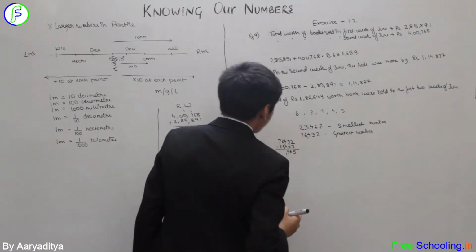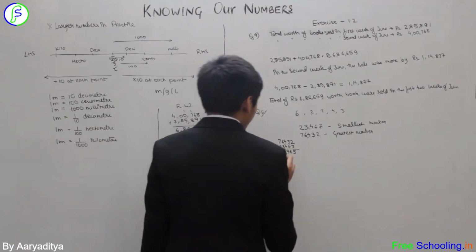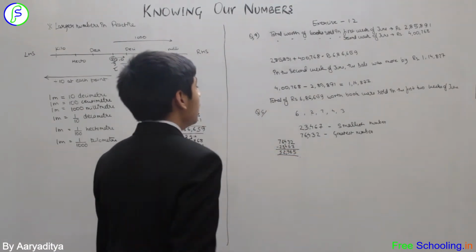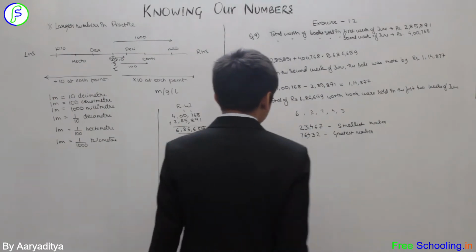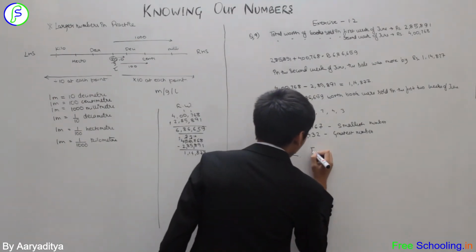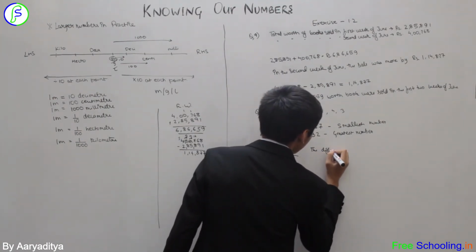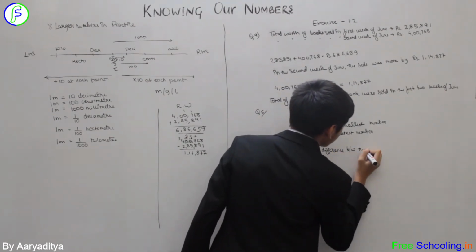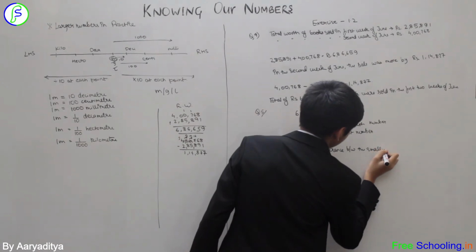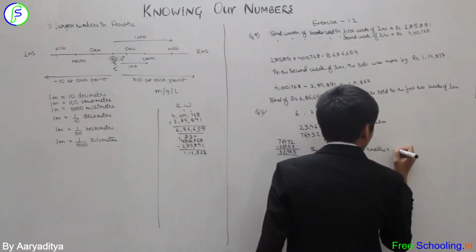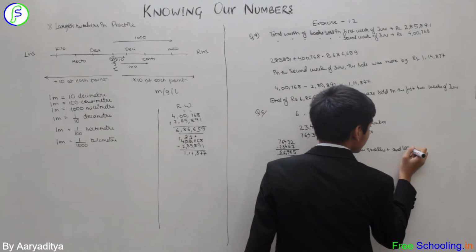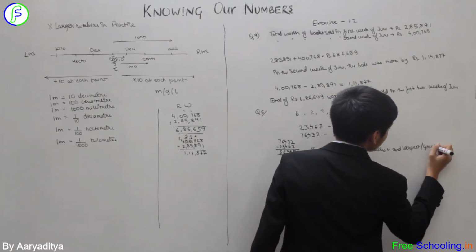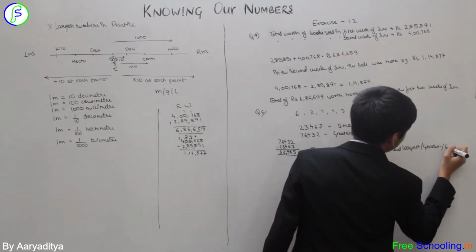Inserting a comma right here. Okay, so it becomes 5. 5 minus 3, we get 2. And at last we have this. So the difference between the smallest and largest, or you can say greatest or biggest, it depends on you.